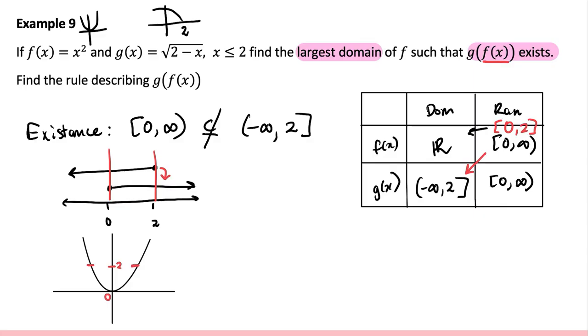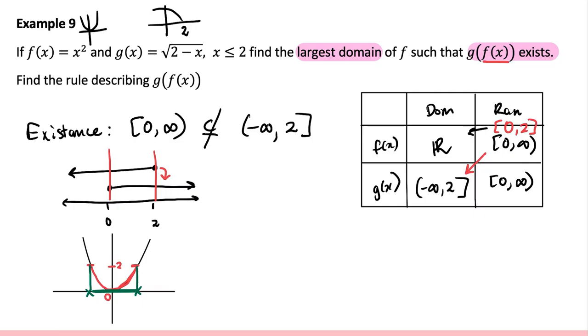So only from 0 to 2 is this function allowed to exist, otherwise it won't work. My job is to find the corresponding x values, from this point to this point. That will be the domain that I'm allowed.